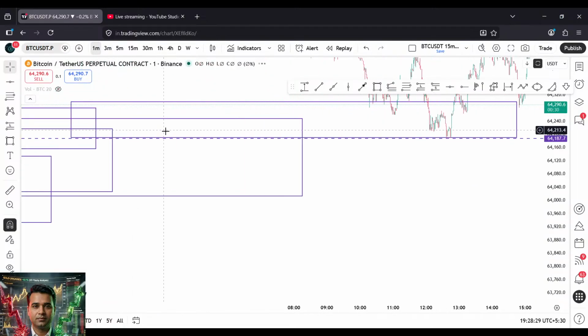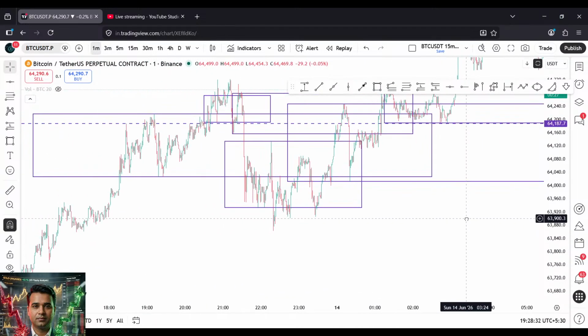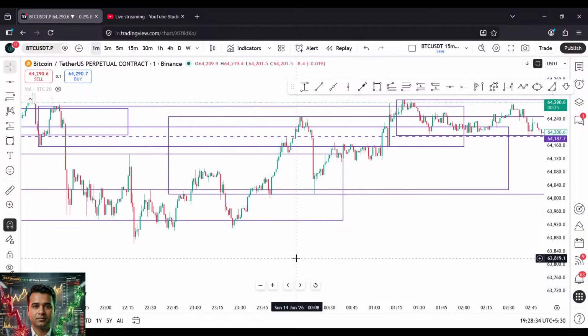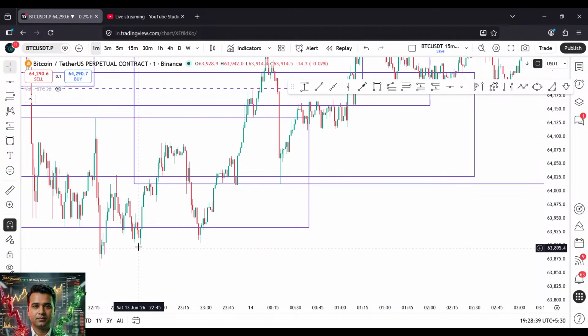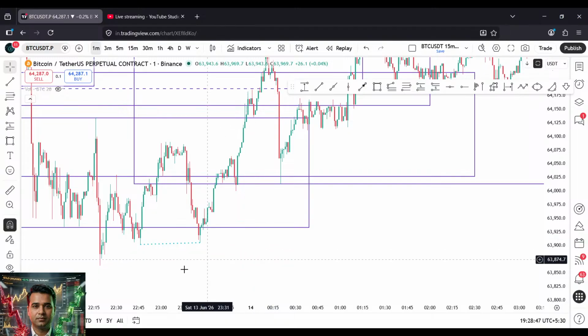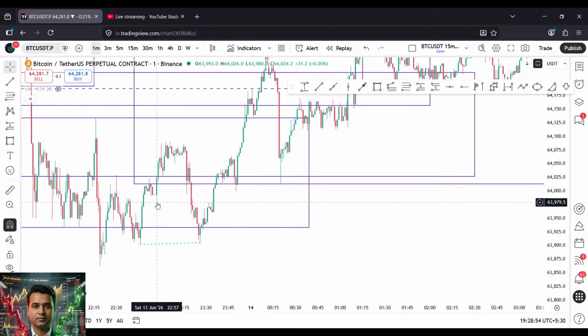We'll go to the 1 minute time frame and orders have been transferred from here to here like this. Okay, and the price goes up, comes down, then goes up, then comes down. The swap of this down move, this low, the swap of this low is this like this.